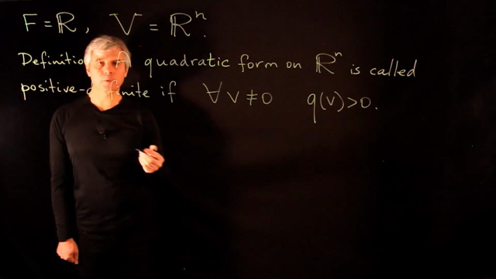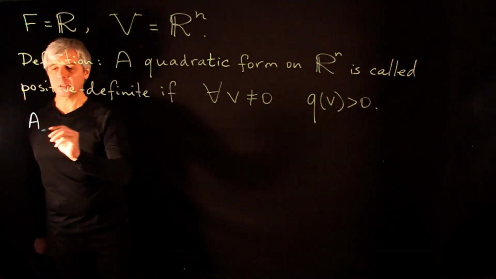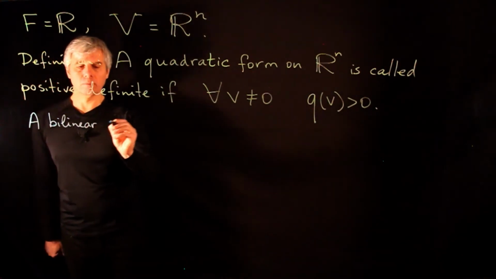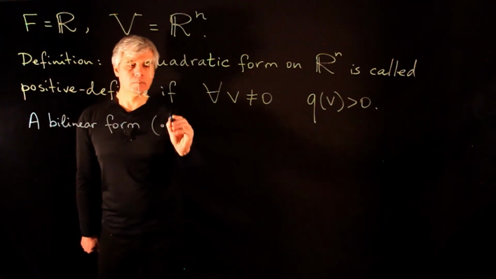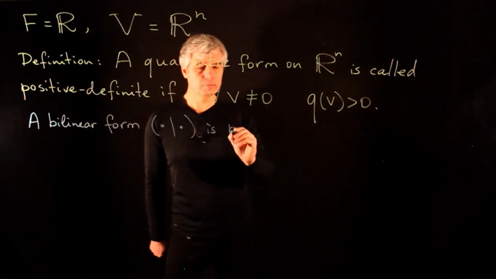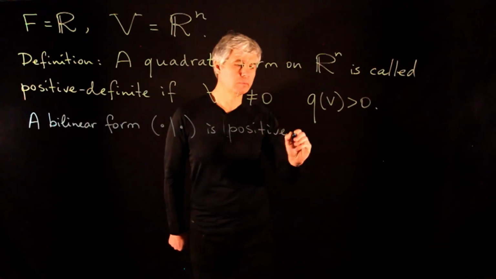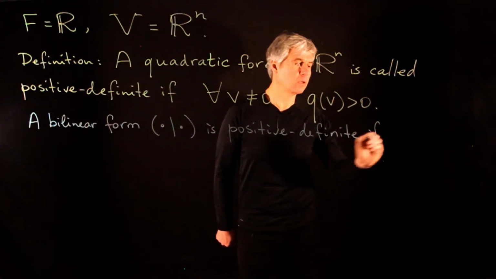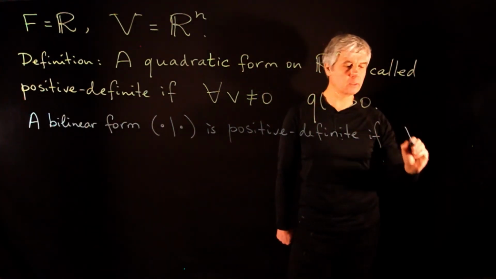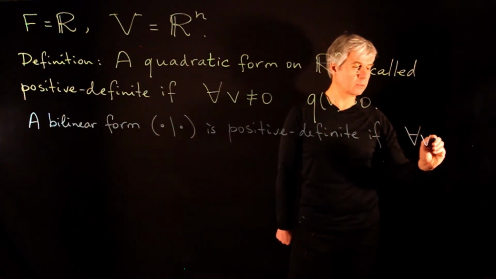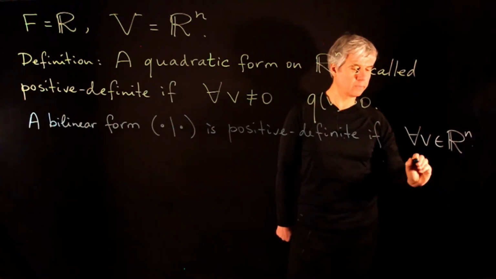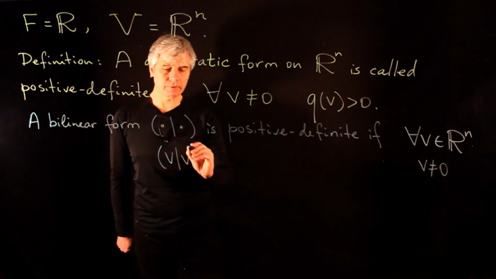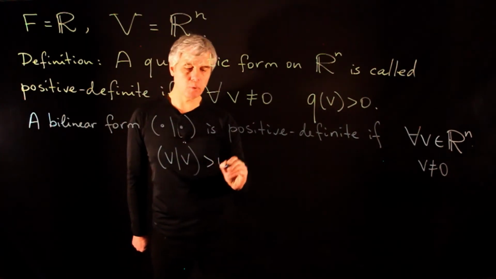We see that in terms of bilinear forms, the corresponding analog will be, so we say that a bilinear form is positive definite if for every vector v in Rn, v different from 0, we have the value of the bilinear form is positive.